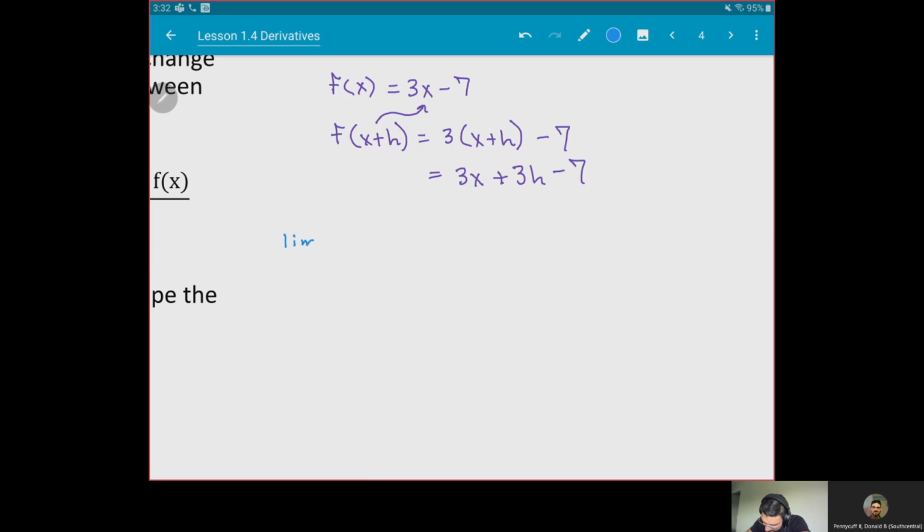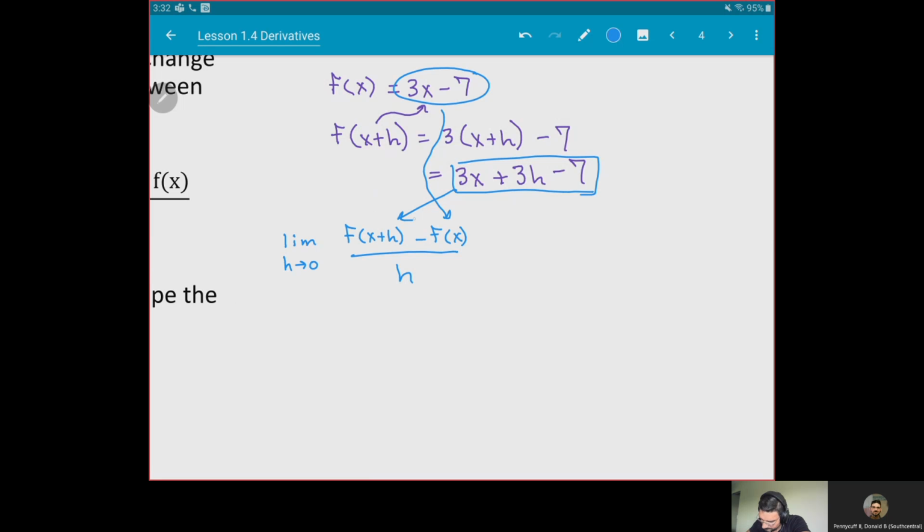The limit as h approaches 0 of f of x plus h minus f of x divided by h. And so I'm just going to plug this in. This right here goes there. This right here goes here.